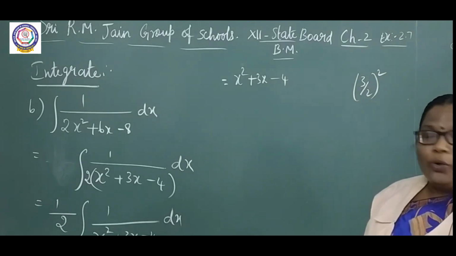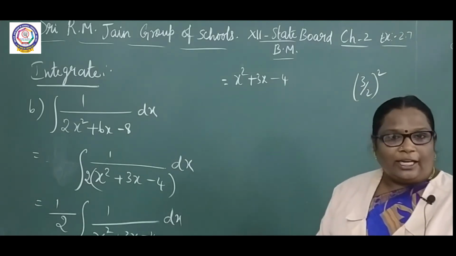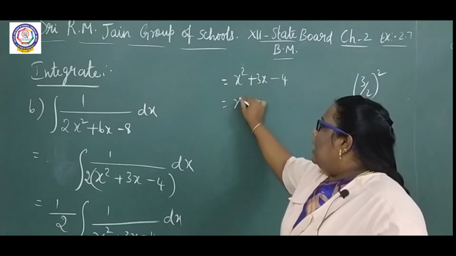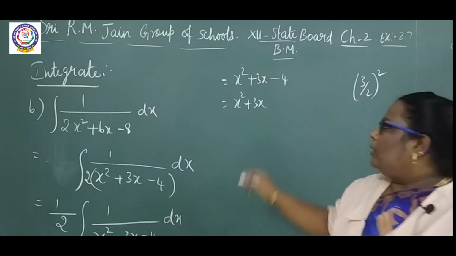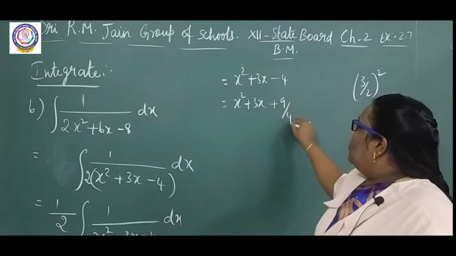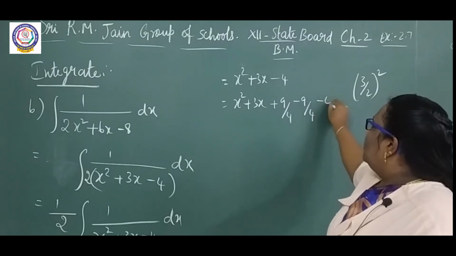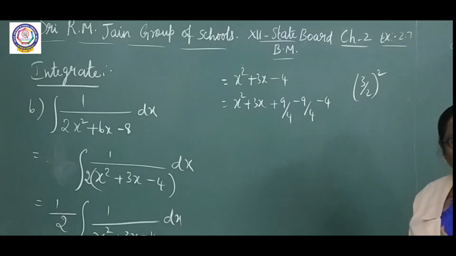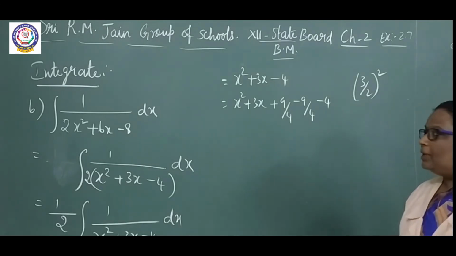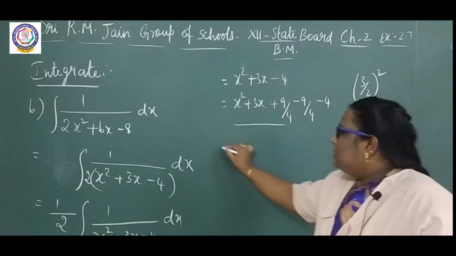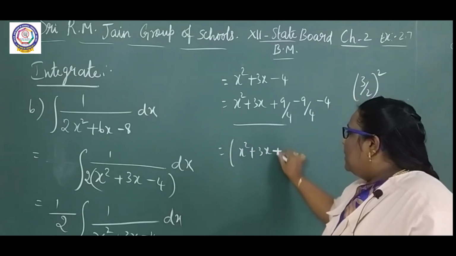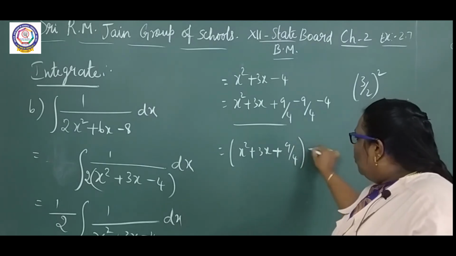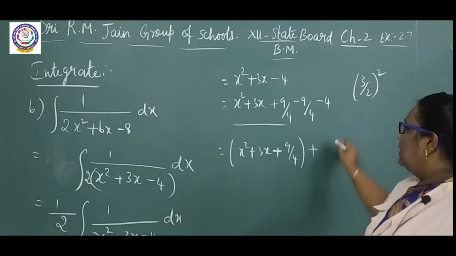So x square plus 3x plus 9 by 4 minus 9 by 4 minus 4. Always you can put a plus sign here.